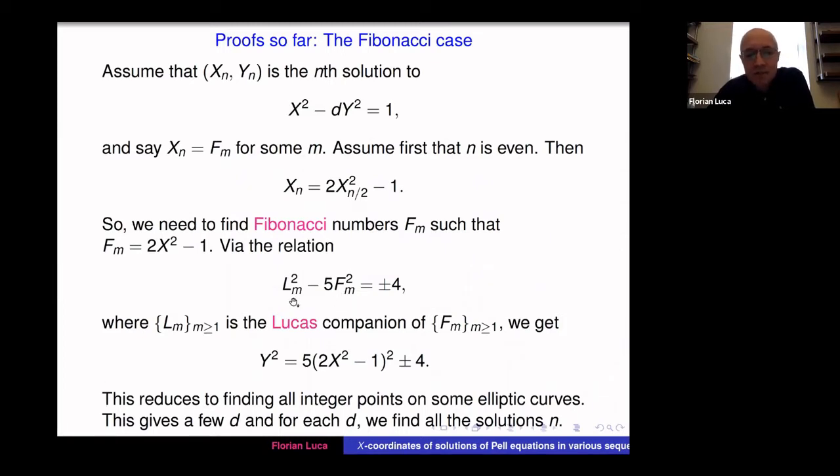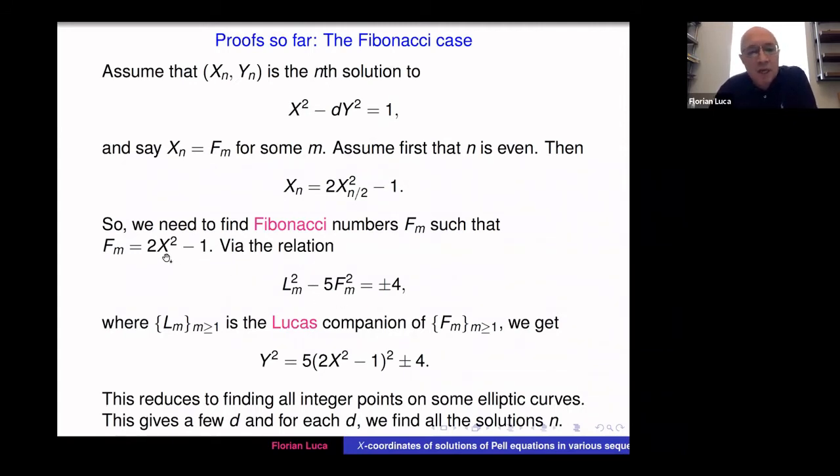So the Lucas sequence squared minus 5 times the Fibonacci sequence squared equals plus minus 4 in the same index. So if you go to this formula, you can forget about the Lucas number. What you can think about is that for every Fibonacci number, if I square it and multiply it by 5 and add or subtract 4 according to the parity of the index, then I always get a square. That's a property of the Fibonacci numbers.